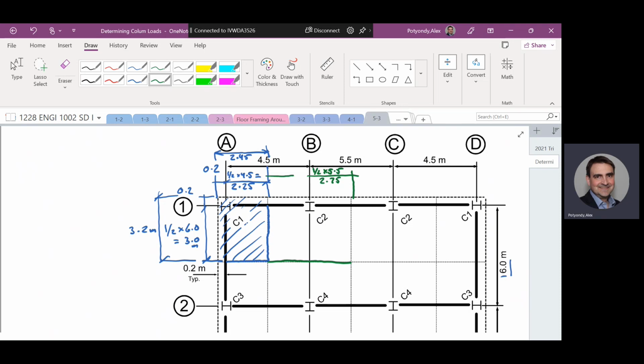And this dimension here, which is 1/2 times 4.5, which is 2.25. And this dimension up here. Well, guess what? C2 has the same dimension here for tributary area as this dimension here. So I'm going to shade in that area.